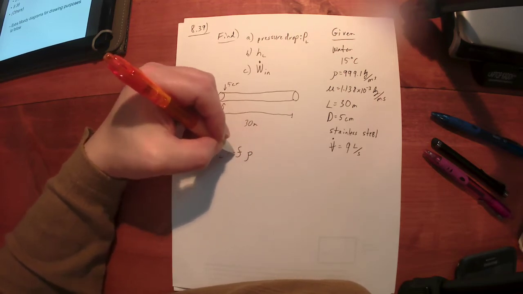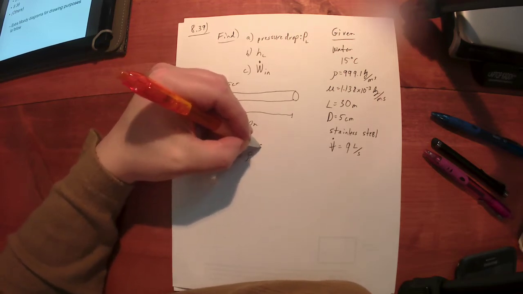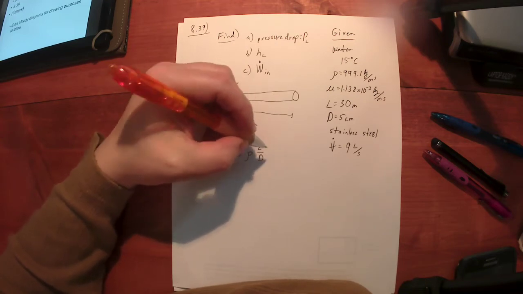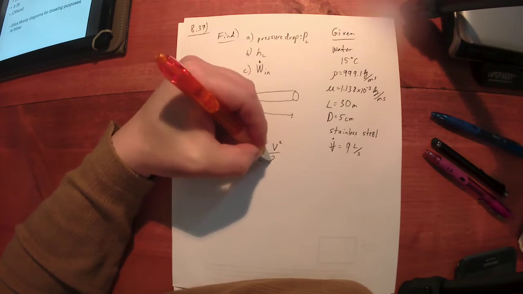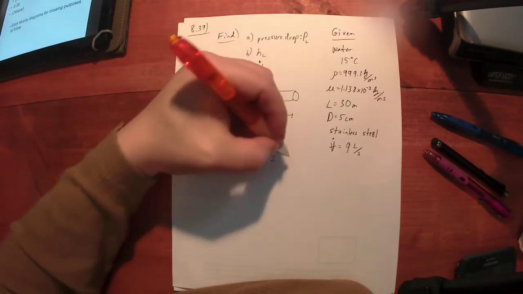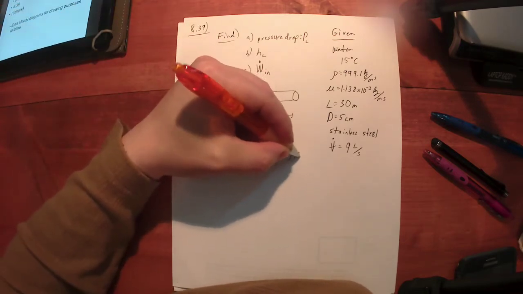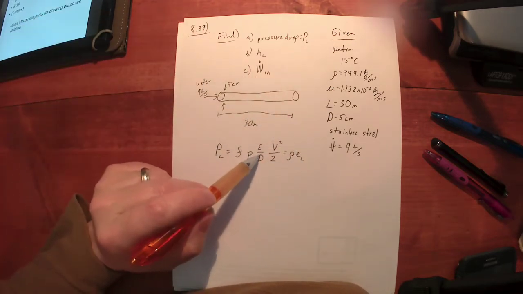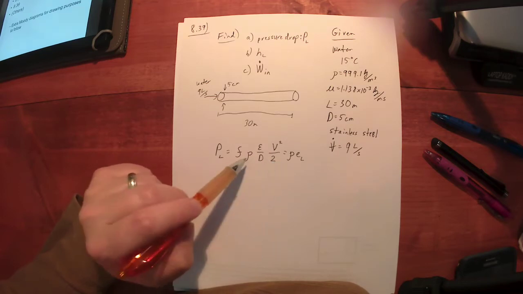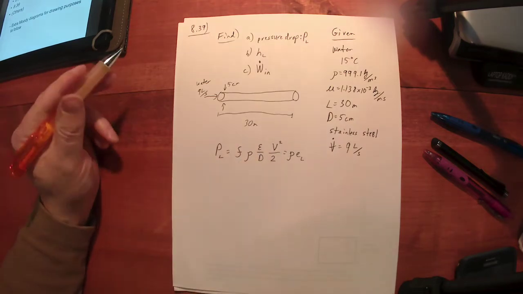The energy loss is the Darcy friction factor times L over d times essentially the average kinetic energy, v squared over 2. Multiply by density, and that gives you the pressure loss.